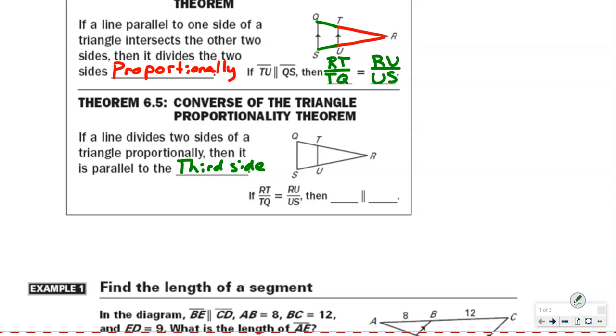So looking at this, if we know RT over TQ is proportional to RU over US, meaning they're equal proportions, then we know that TU is parallel to QS.